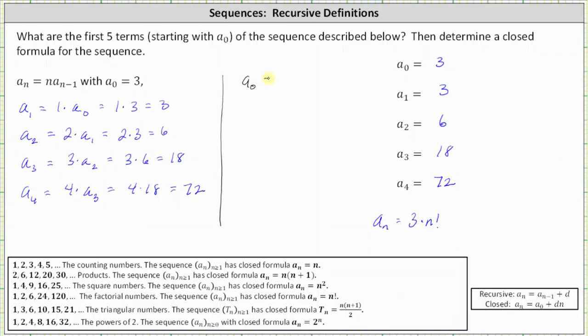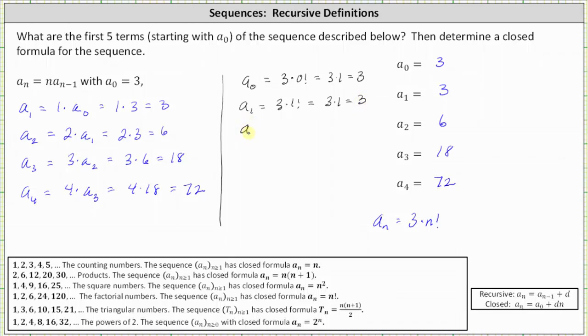A sub 0 is equal to 3 times 0 factorial. And remember, 0 factorial is equal to 1. 3 times 1 is 3. So that's good news. Let's check a few more. A sub 1 is equal to 3 times 1 factorial. 1 factorial is also 1. 3 times 1 is 3.